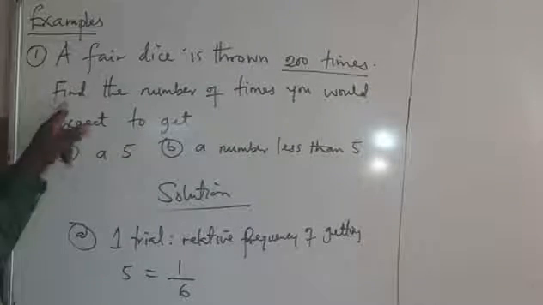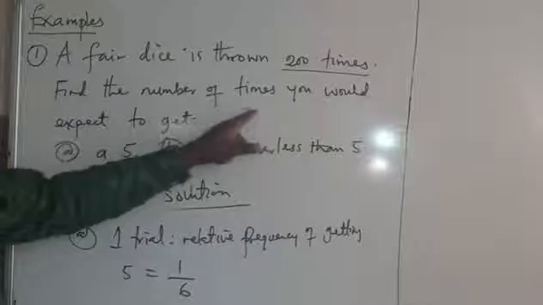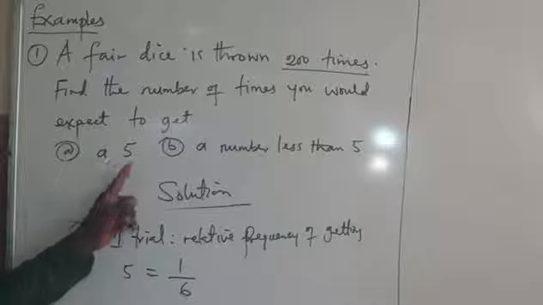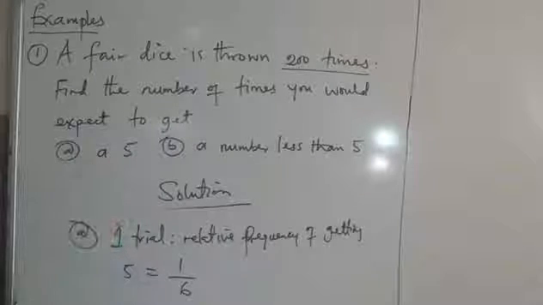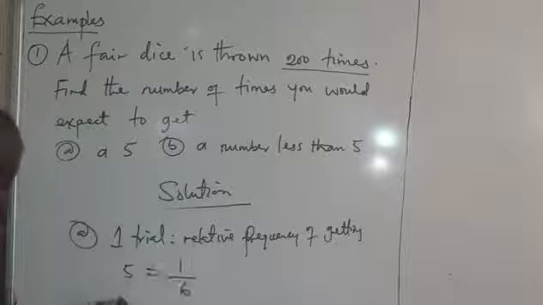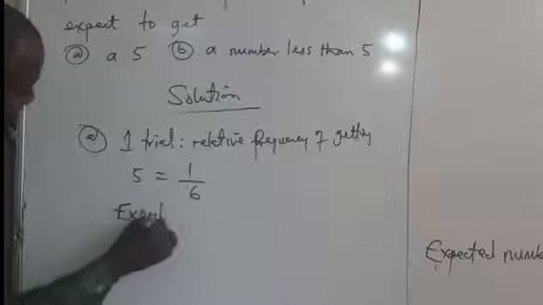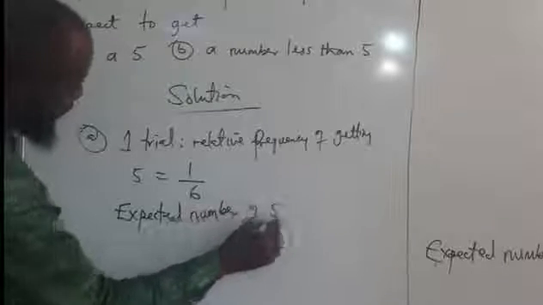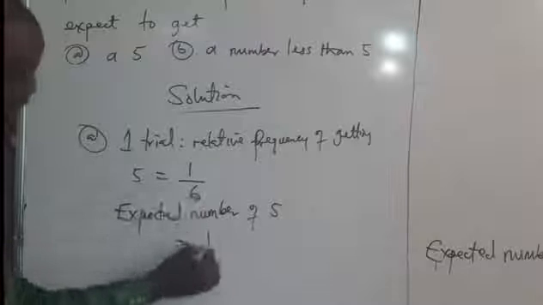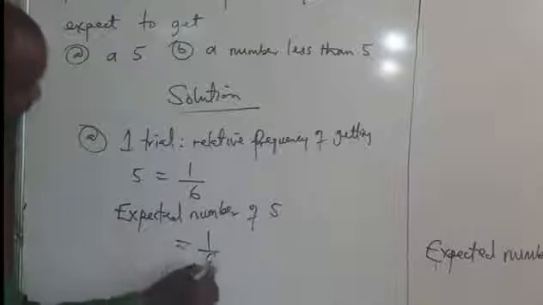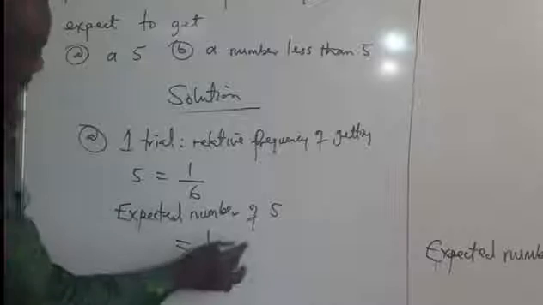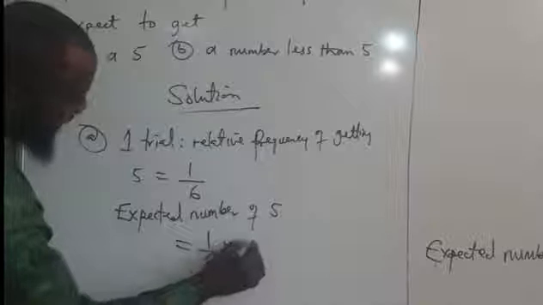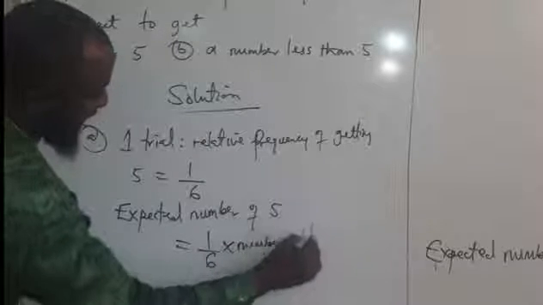But the question is, find the number of times you would expect to get 5. The expected number of 5s will be equal to the relative frequency multiplied by the number of trials.